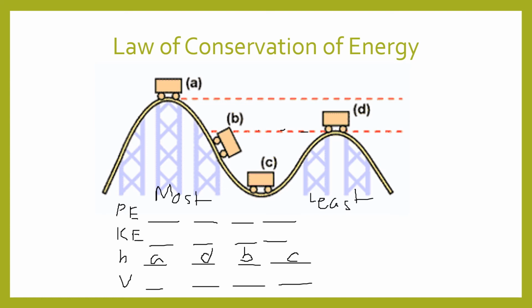Potential. So if this is the order for height, this is also going to be the order for potential energy. You see how that works? Potential energy and height are connected. They will always be in the same order.